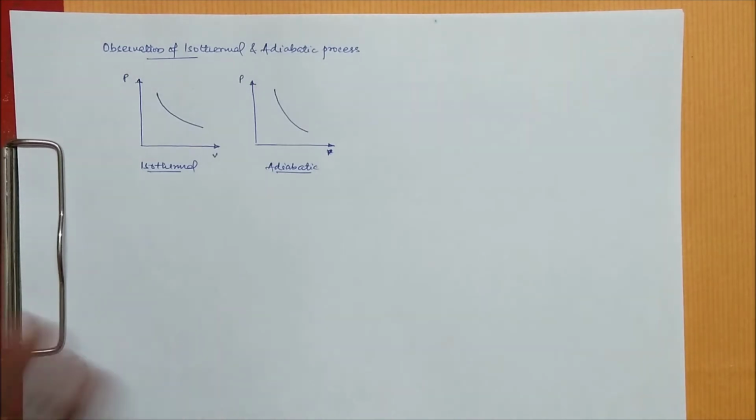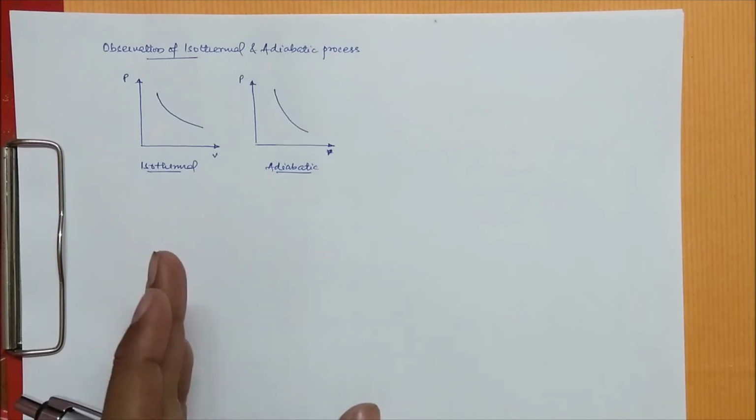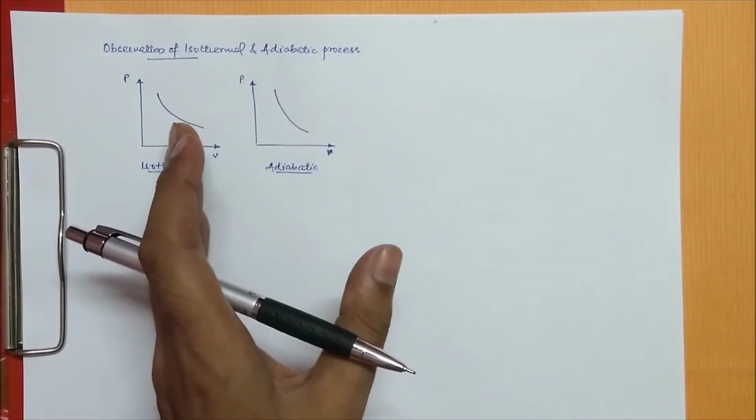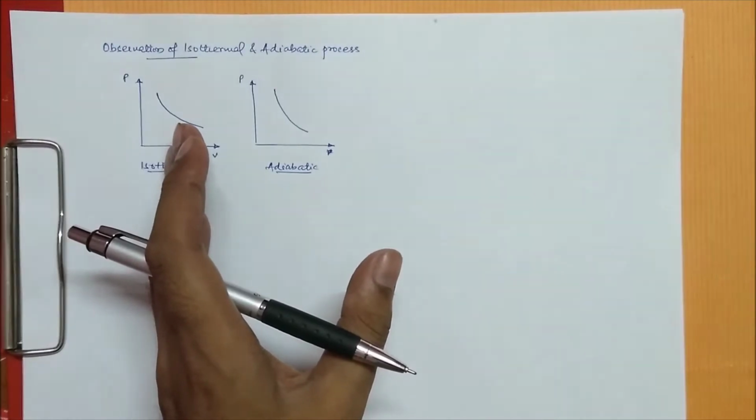So how to identify which process is an adiabatic process and which process is an isothermal process.